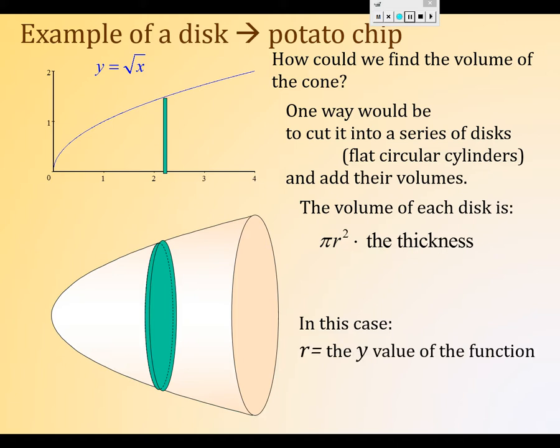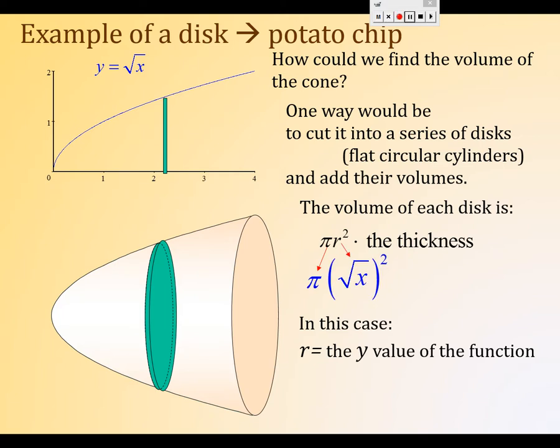So if this is a cylinder here, then it's pi r squared times the thickness. And by the thickness, what do we mean here? If this is x moving across, then what are we going to call the thickness? Yeah, we're thinking of it as being very small, delta x, or in the limit, dx, right? So it's got this dx thickness, and its cross-sectional area is pi r squared. But of course, r, we just said, is just the y value of our function.